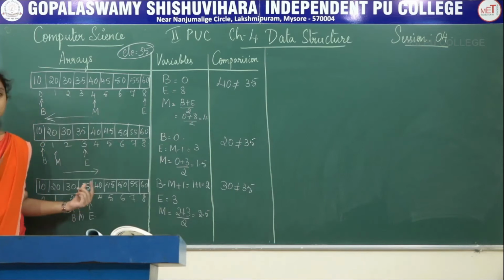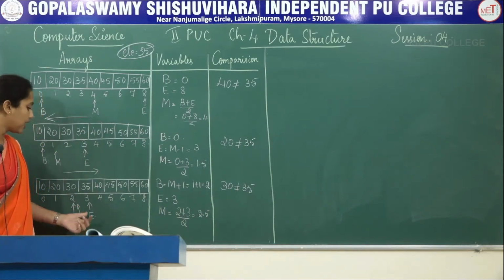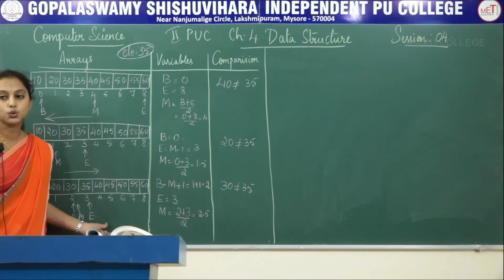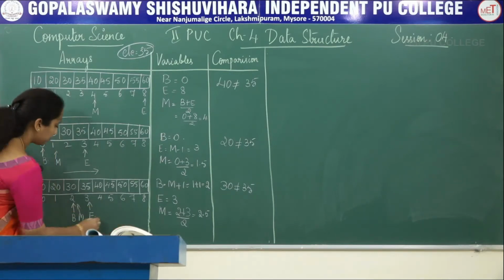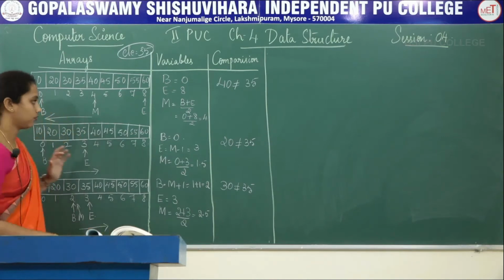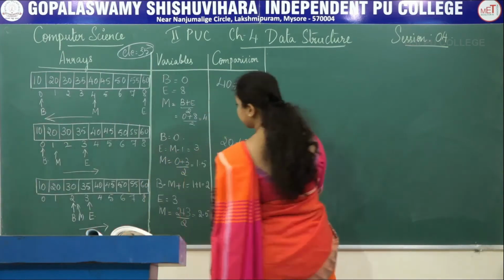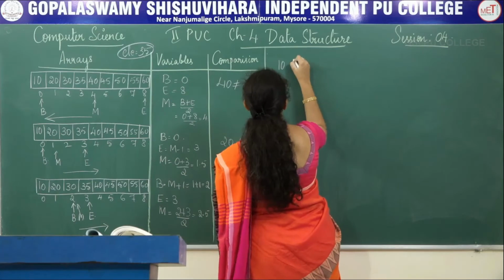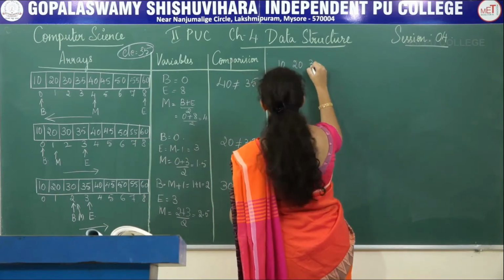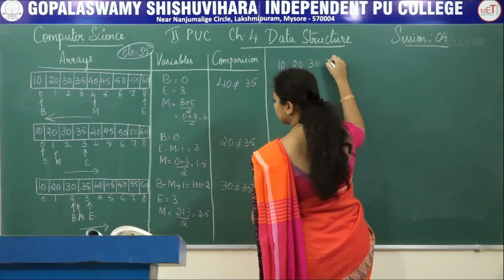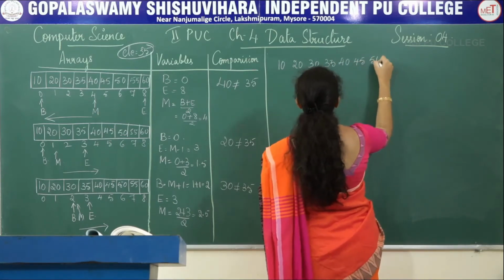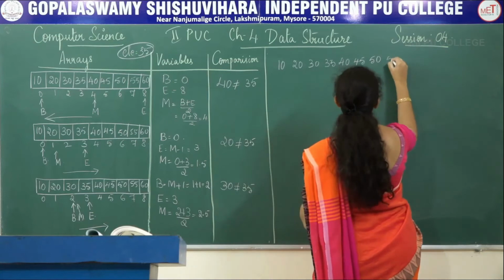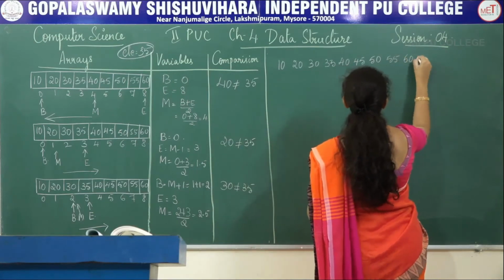The search element is greater than the middle element, hence we have to search towards the right side of the array.